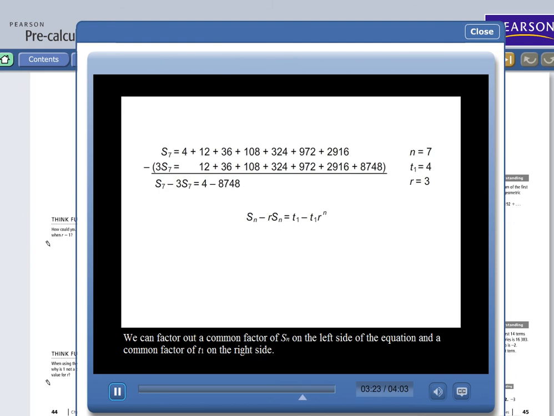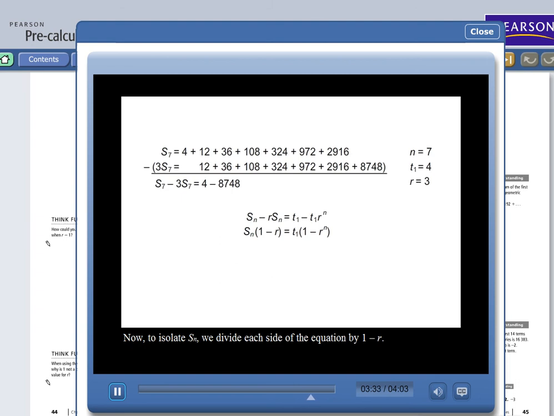We can factor out a common factor of Sn on the left side of the equation, and a common factor of T1 on the right side. Now, to isolate Sn, we divide each side of the equation by 1 minus r.